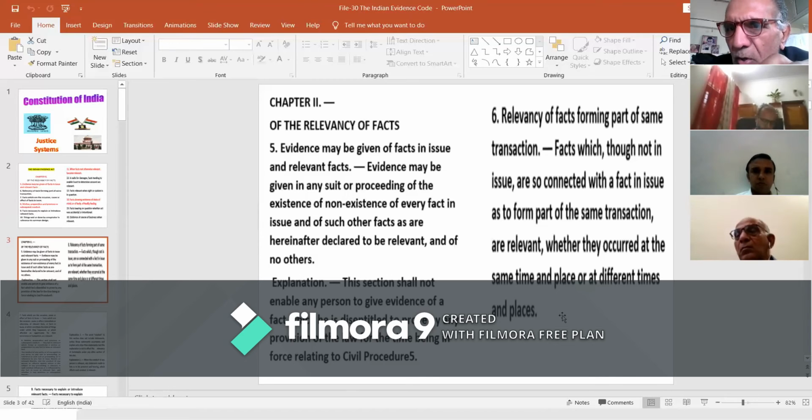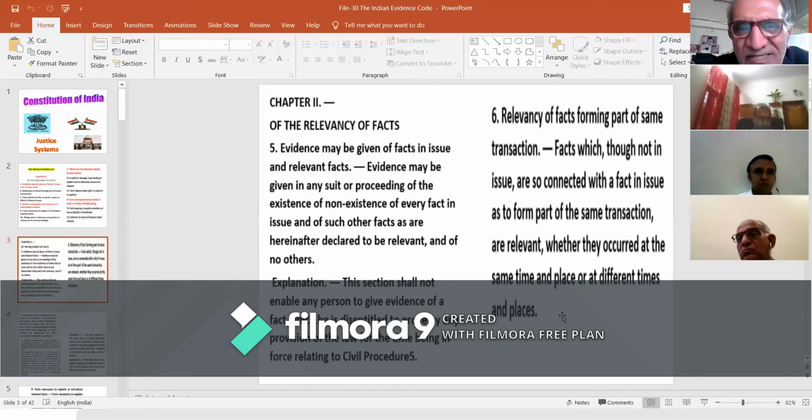Now, if there is fact A which is in issue and fact B which is forming the same transaction with A, if fact A and fact B are forming part of the same transaction, but fact A is in issue, then fact B will become relevant. And in Section 5, it is provided that evidence can be led with respect to the relevant facts hereinafter declared, hereinafter provided for.